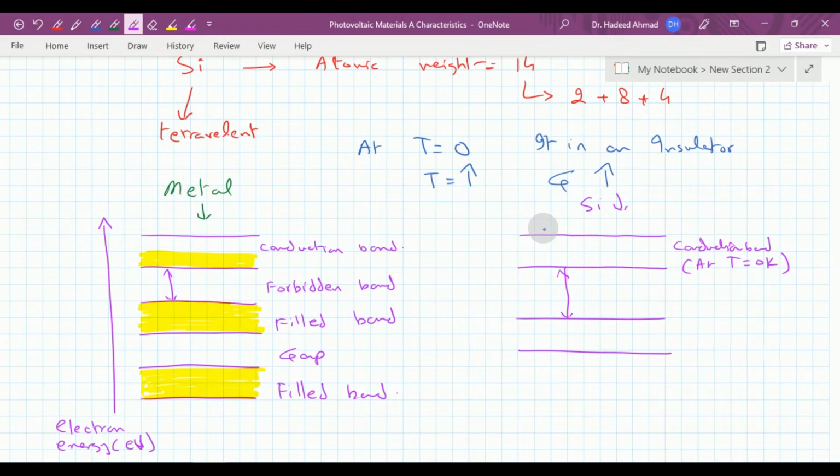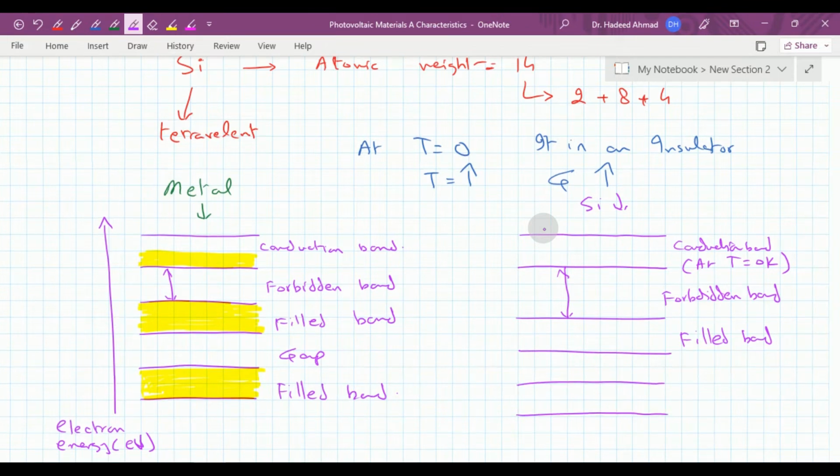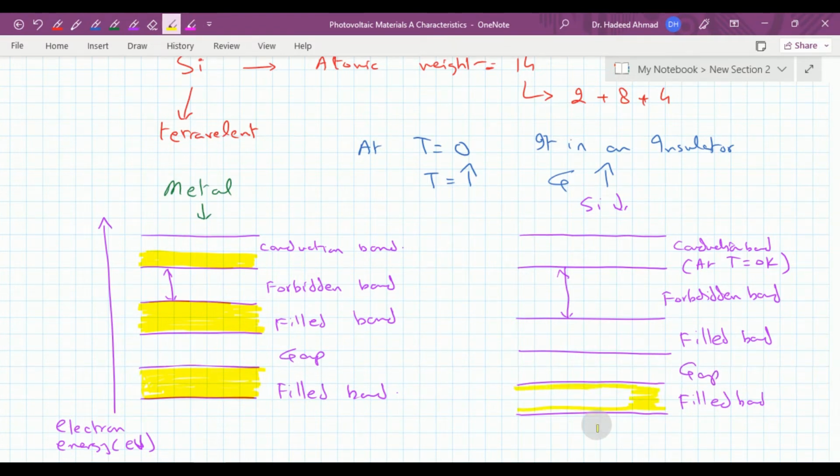We have some forbidden band here, and then we have the filled band. Then we have the gap, and then we have another filled band. So we do have the electrons present based on their energy values in these filled bands, but the conduction band is entirely empty as far as silicon is concerned at T equal to 0 Kelvin.